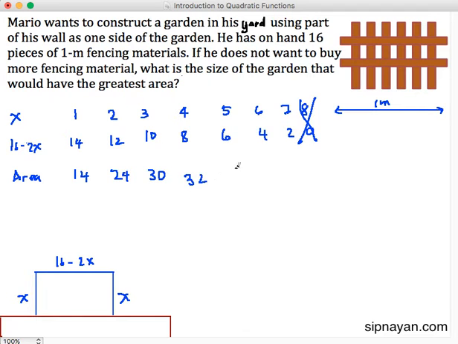This is 32. This is 30. This is 24. And this is 14. So, I think kitang-kita na ang pinakamalapad ay yung 4 tsaka 8. Ibig sabihin, dapat 4, 4, 8 ito para makuha natin yung garden. Ma-maximize natin yung space, no?